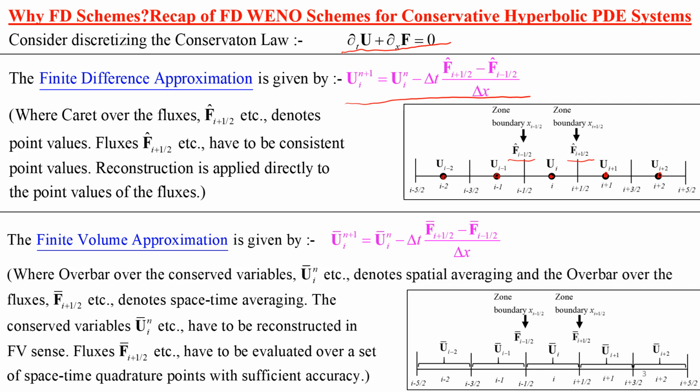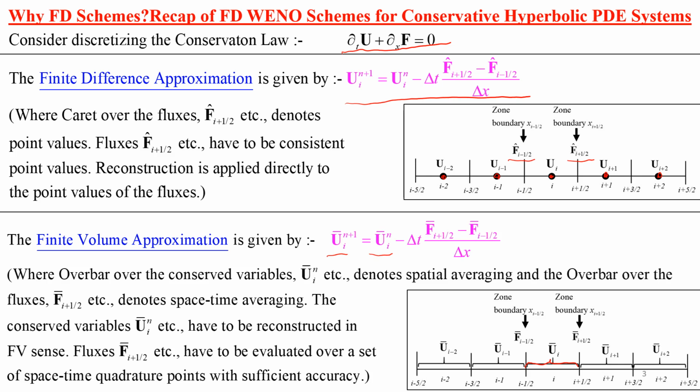Now, what is the other alternative? The other alternative is to take your conservation law and integrate it over space and time. Therefore, this U bar is a zone averaged, or volume average, representation of u in zone i, and you can have similar representations in the other zones. In doing so, you reconstruct u bar, or you reconstruct u itself, so that you respect the zone averages and so on.